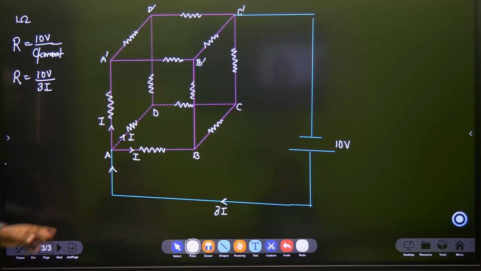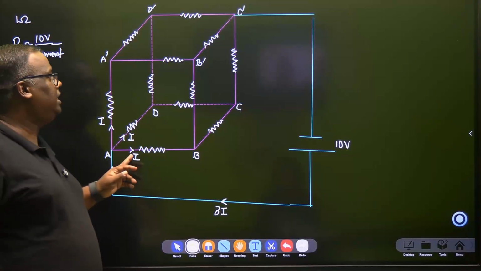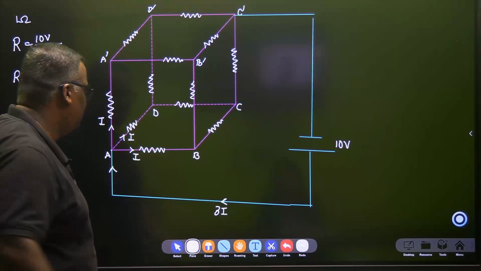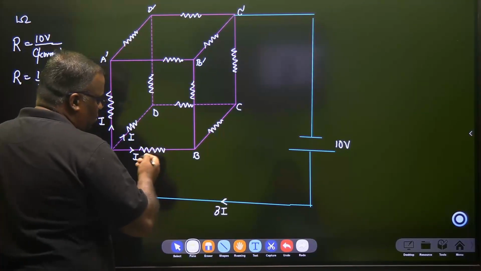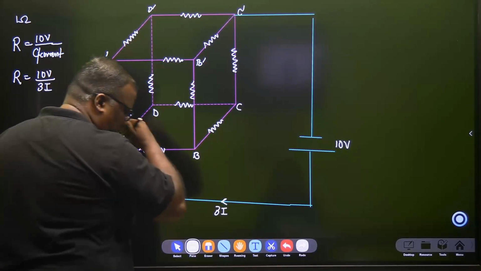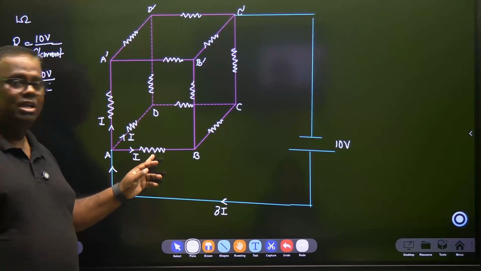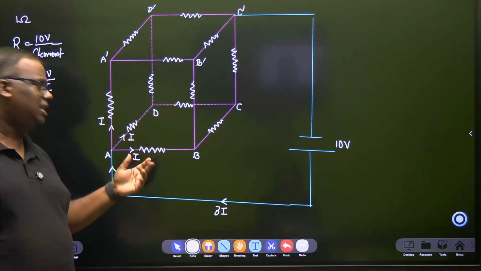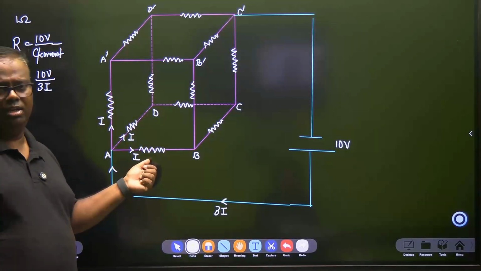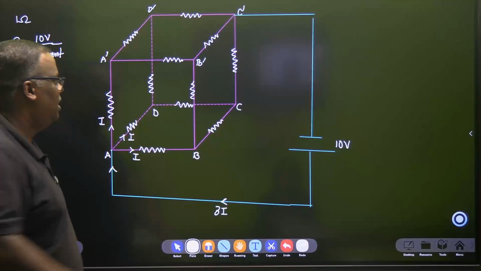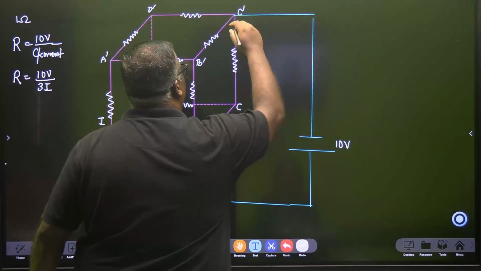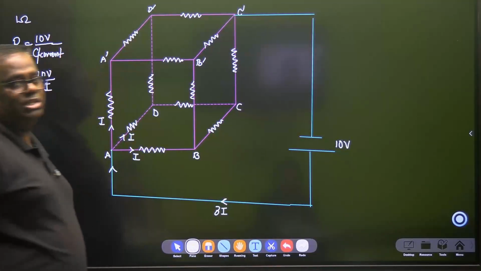Fine. Now, I current is going in this direction, and so what will be the potential drop out here? If you see the current, this is I. So the potential drop will be, let's say, I into 1. So it's only I. If you see out here, then we have got two resistors.